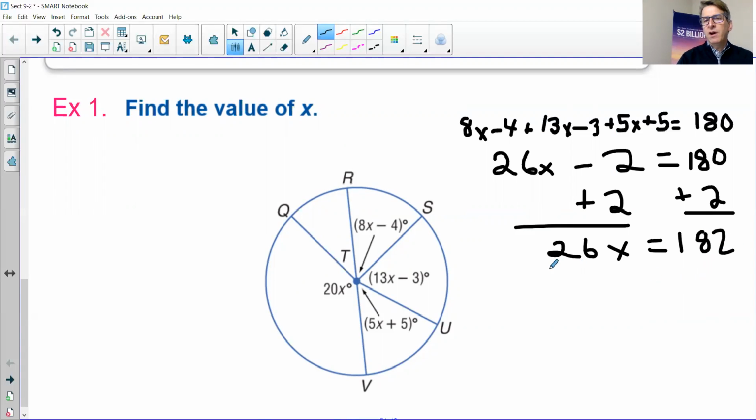Solving for x, I divide by 26 on both sides. So my value of x is equal to 7.